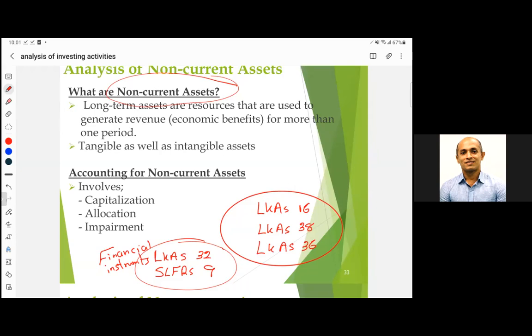So you can have a quick revision of these standards before the next lecture. Then you can understand the things discussed in the lecture. Then in the next lecture, we'll study analysis of non-current assets and analysis of receivables.